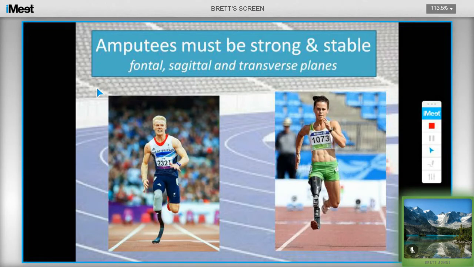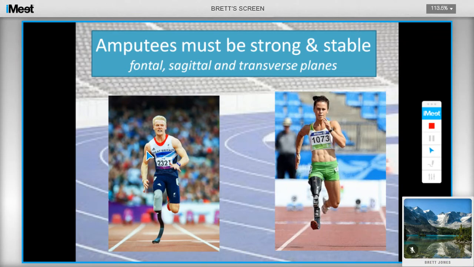Bilateral differences between left and right really impact the rotational requirements of running, and they need to be strong through the trunk and core and pelvis to maintain a solid and nice and square trunk position. So we see shoulders nice and square to hips nice and square, and keeping this rectangle in shape throughout the running action is really critical to good outcomes.